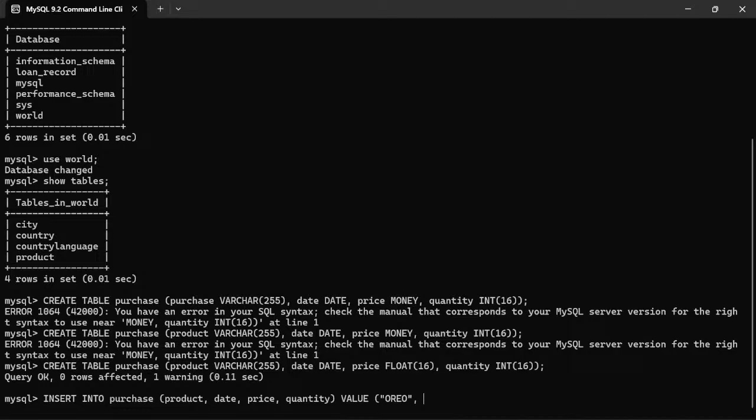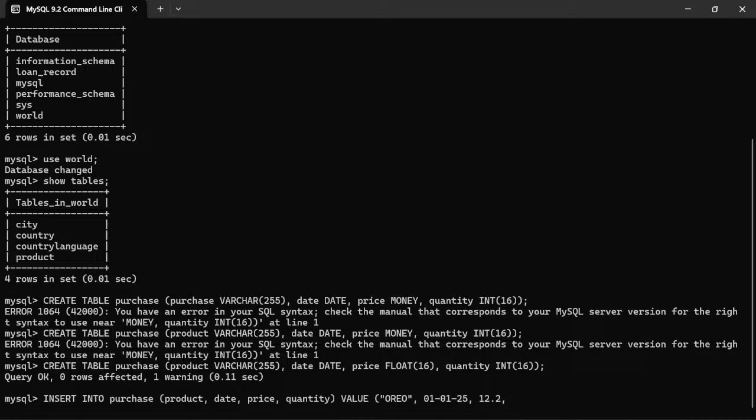Okay, next date. I think the date format is like month first, then okay, so 01/01/25, let's say. I'm just assuming. Price, I hope it is like just a random number, 12.2.